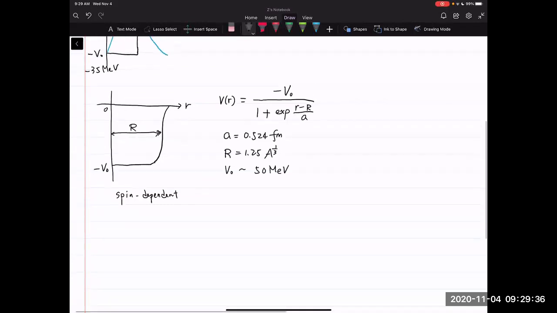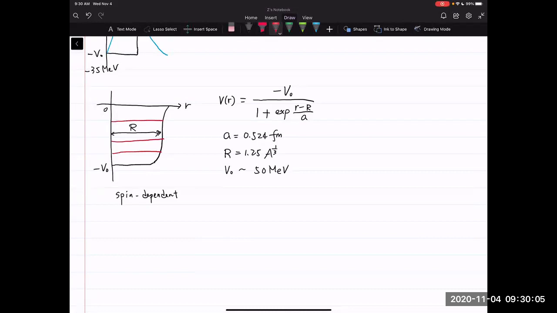At any rate, forget about all the details and remember the procedure of how we solve the quantum mechanics. If we have this interaction potential, we plug it into the Schrodinger equation, and then we're able to find the eigenstates and corresponding eigenvalues. The solution of this type of potential is described by a set of discrete energy levels.